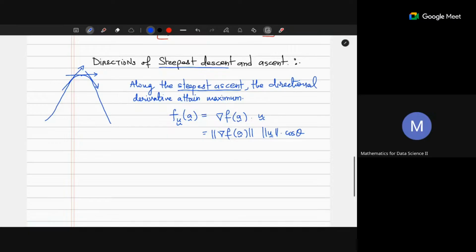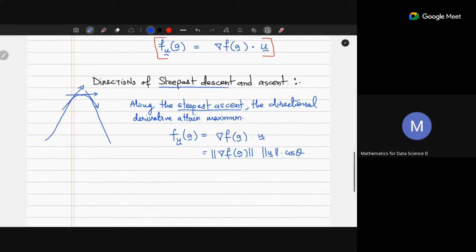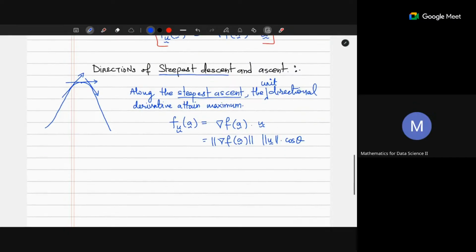I'm taking the unit directional derivative, in case it is not clear from the context, because last time we also discussed the same for the unit direction.